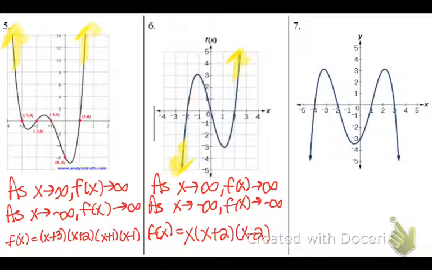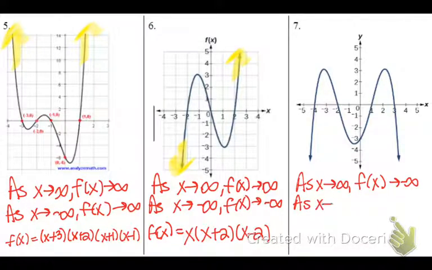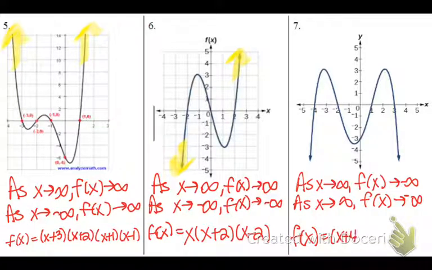Can you do the last 2 as well? Thank you. Okay, number 7 is this. To negative infinity and negative infinity. Is that what you got? Okay, good. And I have f of x equals x plus 4 times x plus 2 times x minus 1 times x minus 3.